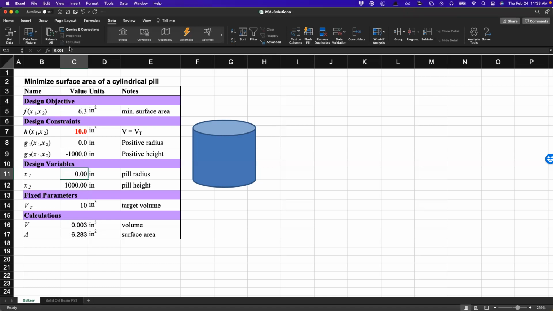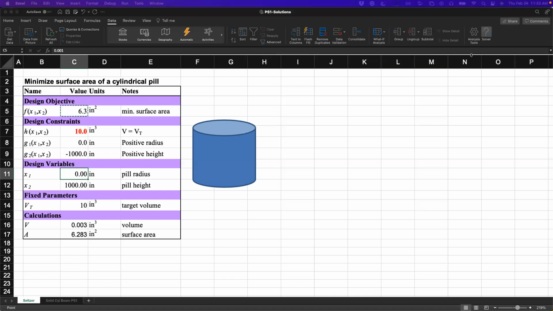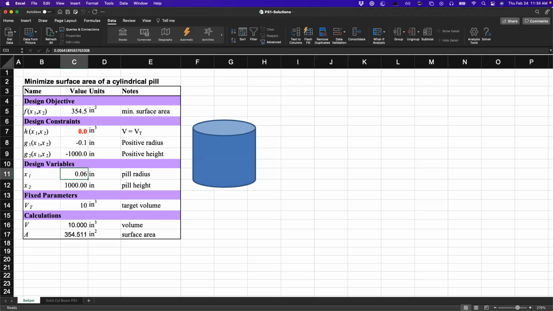I made it really small in this case. You can give it nonsense starting values and it would still solve. Well, not necessarily. If you have a decent algorithm, it should be able to figure it out. Okay, cool. So I hit solve, and this is what it gave me.